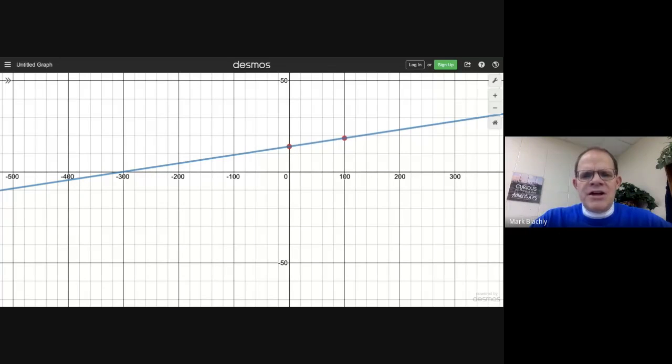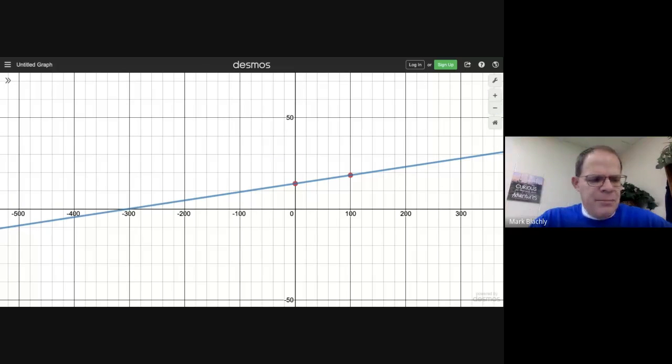If you were in class, you'd be doing this at stations with graph paper and plotting it, but you guys are virtual, so you get the short version. So just take a screenshot of your Desmos graph that has both your points on it and your intercept, and we're just going to upload that for our graph, okay? Take a minute to do that, and then come back and we'll finish up.